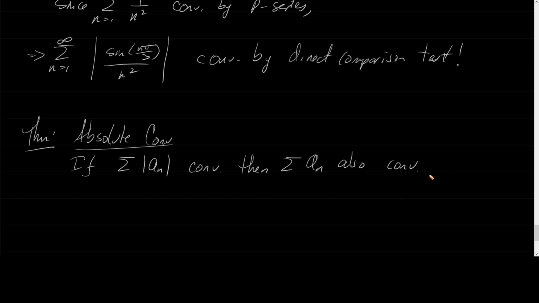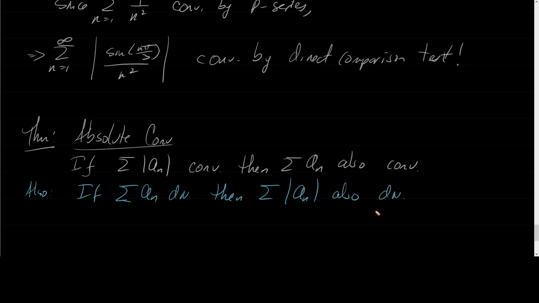Another way of saying this, and I'll write this perhaps in blue, is that if the series without the absolute value of a sub n diverges, then the series with the absolute value also diverges.